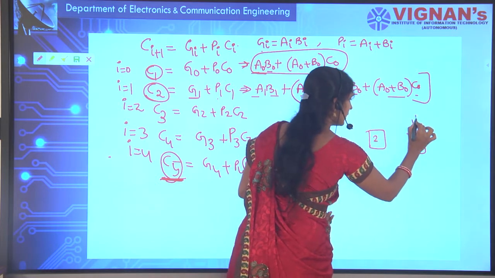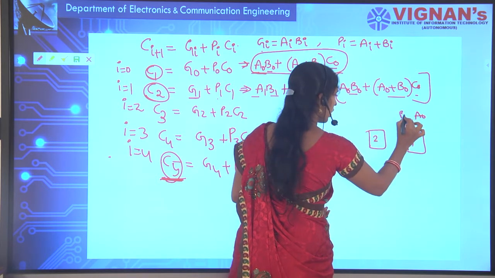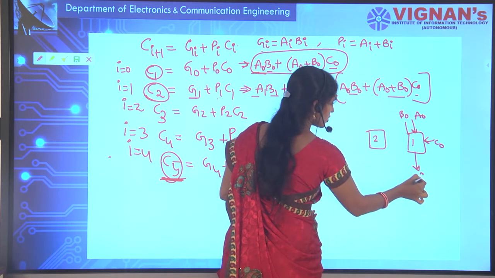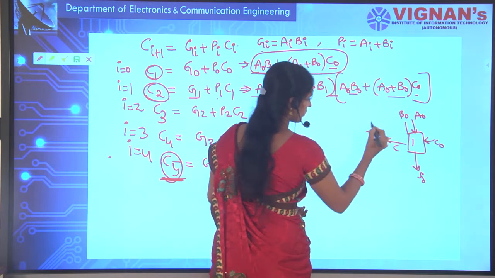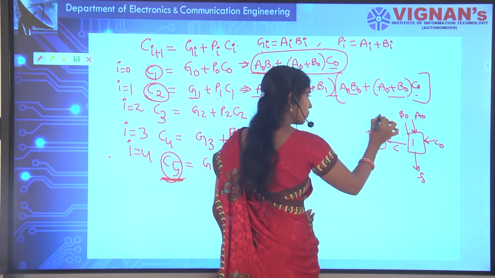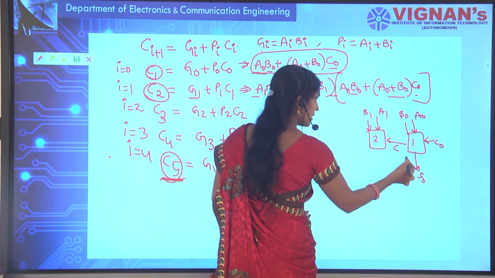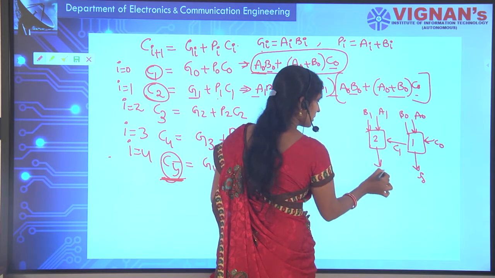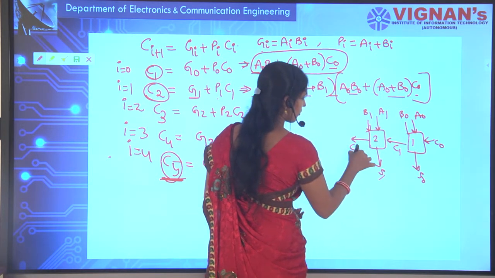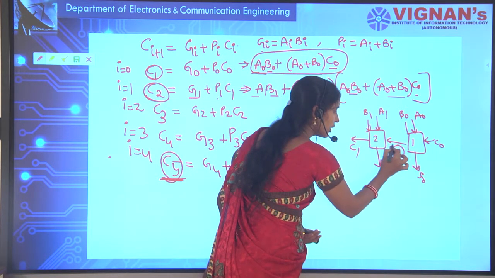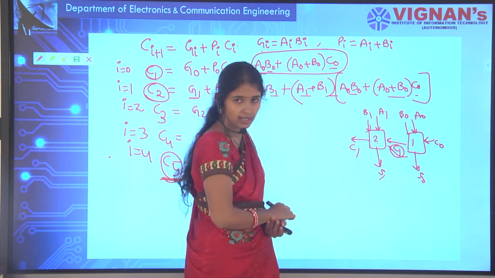It is taking A0, B0 and C0 as inputs and providing S0 and carry. At the same time, this is also taking A1, B1 as well as C1, providing S1 and carry 1. But whatever carry is generated from this has to be propagated to here.